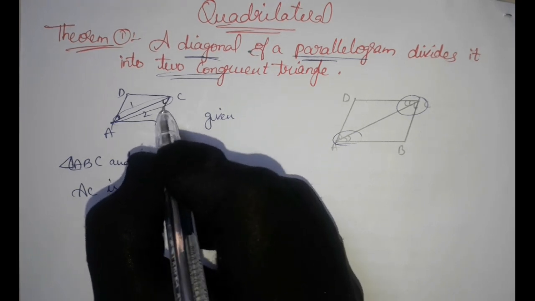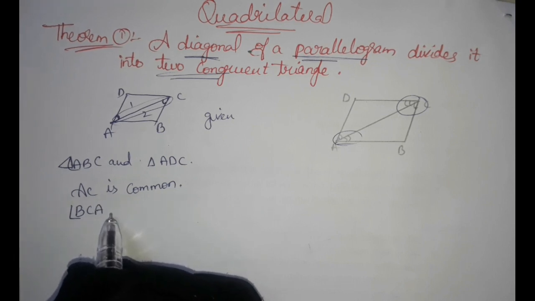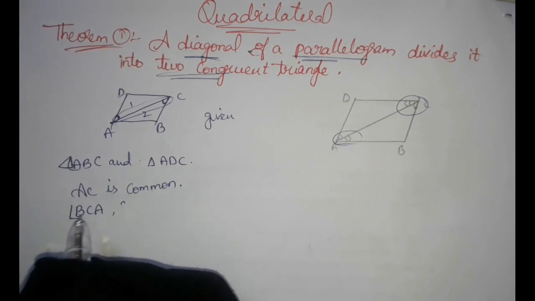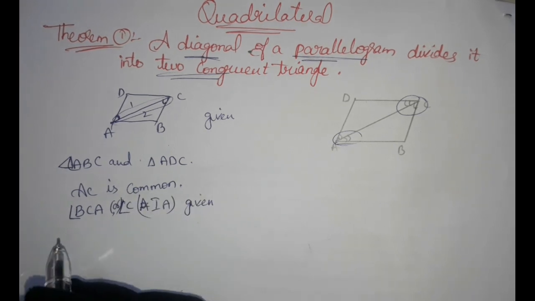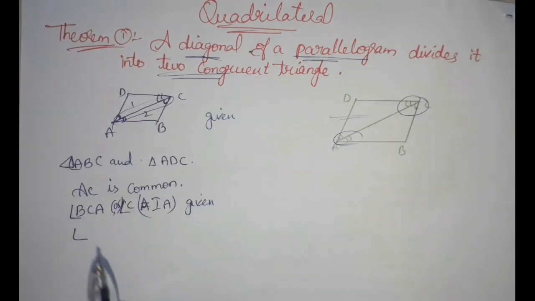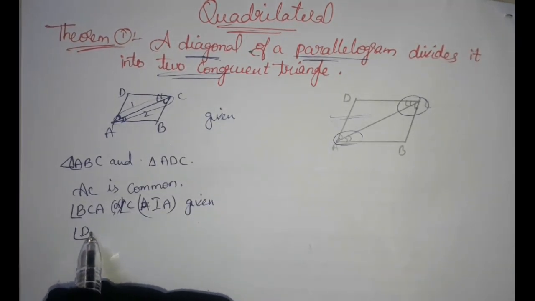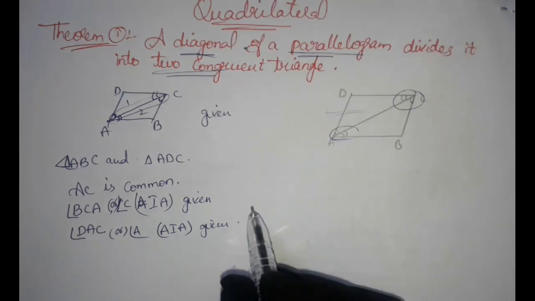We can write it as angle BCA. It means we are seeing angle C. For your understanding, I have written there angle C by alternate interior angle. Similarly, another triangle, angle DAC, that is angle A we are seeing there by alternate interior angle.